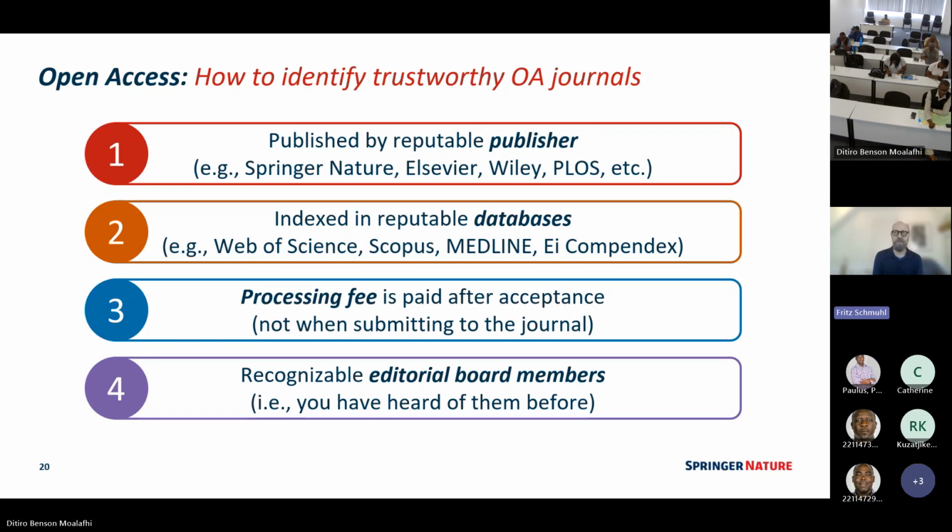Bear in mind also that some of the rogue publishers will use names of real people, but those people aren't actually on there. So really do your homework on this very clearly. Next slide, please.